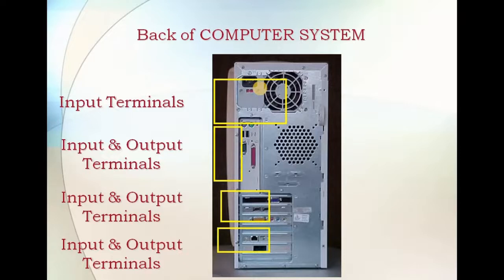That will be taken care of by the SMPS. For the SMPS also we can have an outer fan to reduce the heat. And then we have these input output terminals, some specially meant for the internet connection. So let us understand in more detail about these input output terminals.